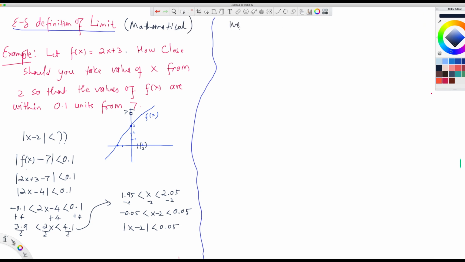We say the limit as x tends to a of f of x equals L, or L is the limit of f of x, if for any epsilon greater than 0, meaning if you pick any epsilon distance, that's what it is saying, right?